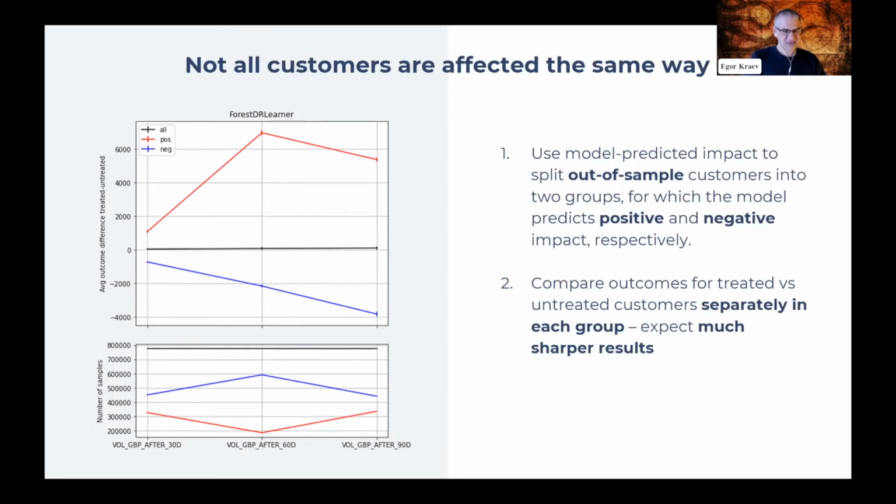And what we are seeing indeed is that for the customers for which the model says it's a good thing to treat them like this, we see positive outcomes. And for customers for which the model out of sample said, no, this will not be useful, we see negative outcomes. And the most fun thing is the average outcome is very nearly zero and very nearly insignificant. So by segmenting your customers by impact, you learn something.